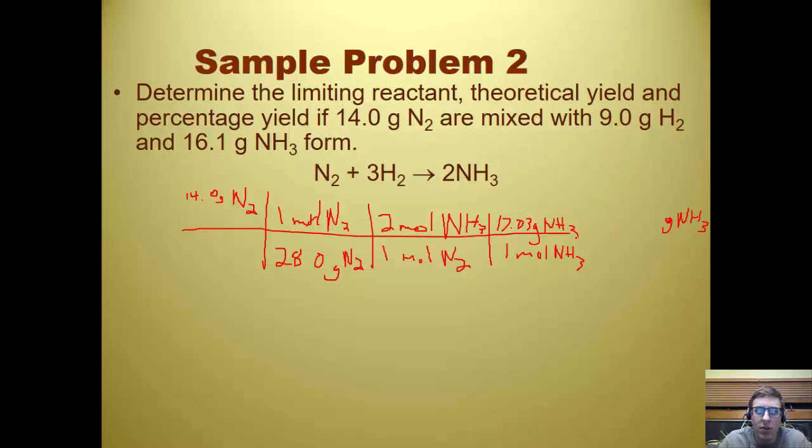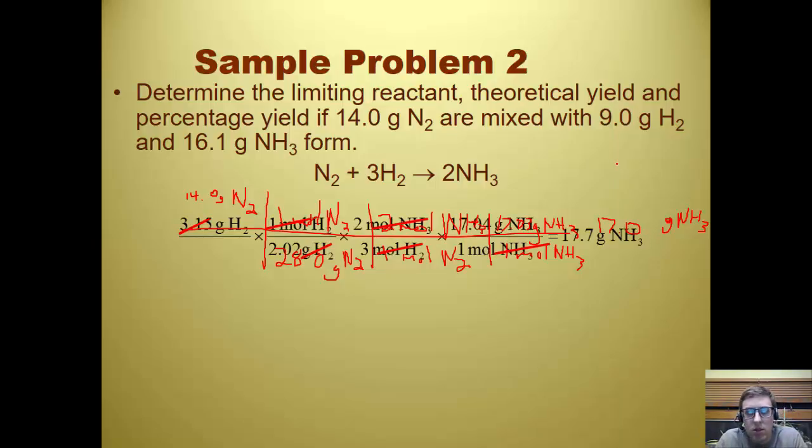We multiply that all out, just regular old stoichiometry. We get 14 times 2 times 17.03 divided by 28 equals 17.0 grams. Yep, 17.0 grams of NH3.